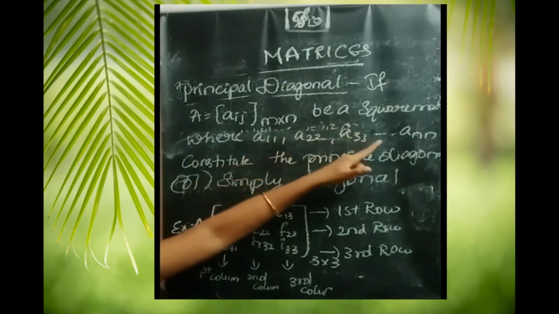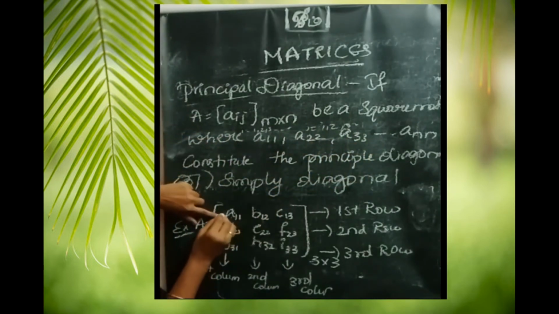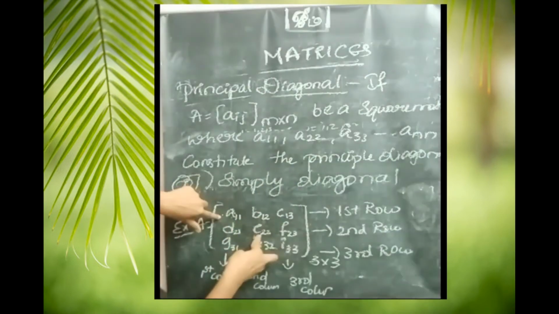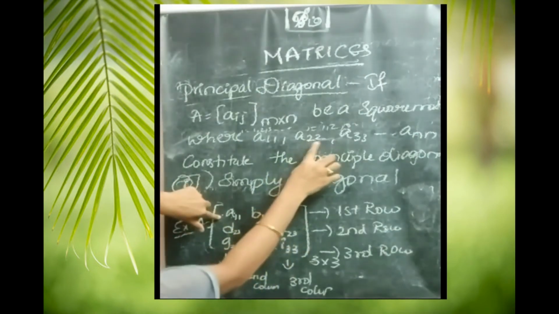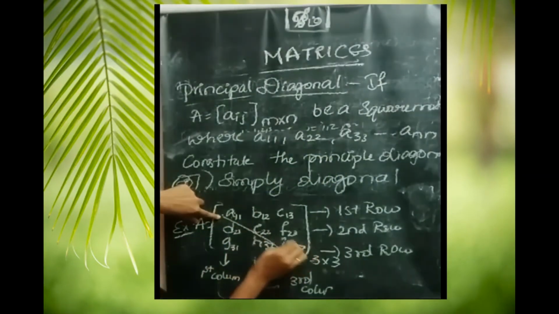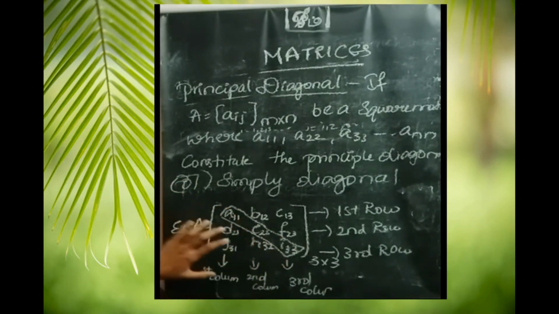In this square matrix, the principal diagonals means only A11, A22, that means here is the letter E. You can take whatever; that means only the position you have to take. 2 2, 3 3 here, these are the principal diagonal.